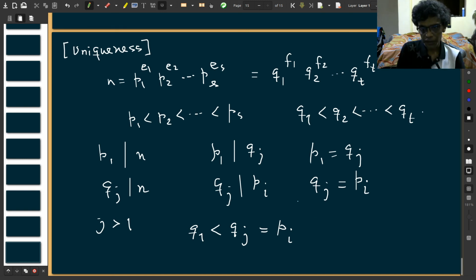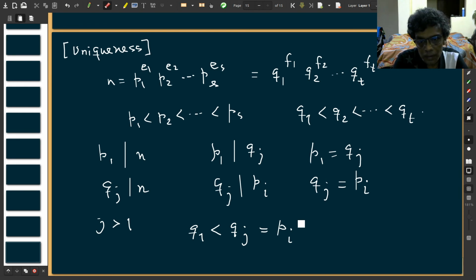I am making a small mistake somewhere. Qj equal to pi, pi is greater than equal to. Okay, so am I making any mistake? Of course I am making a mistake. Qj equal to pi. Okay, pi, I should have sufficient things. Pi equal to pi. Okay.